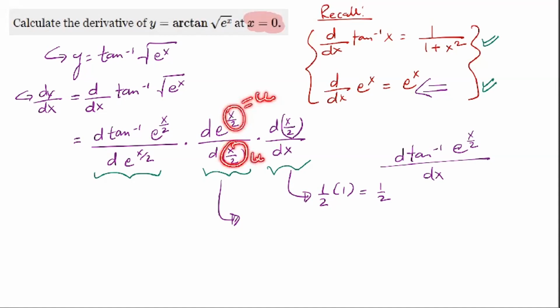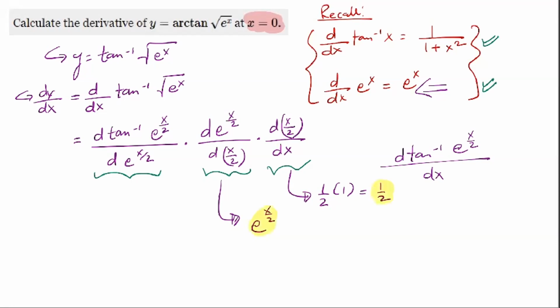Essentially what you will have is d of e to the power u over du is going to be e to the power u, right? So that's how we can think of this problem. So that is going to be equal to e to the power x over 2. Okay, very interesting. So we have this answer and this answer.